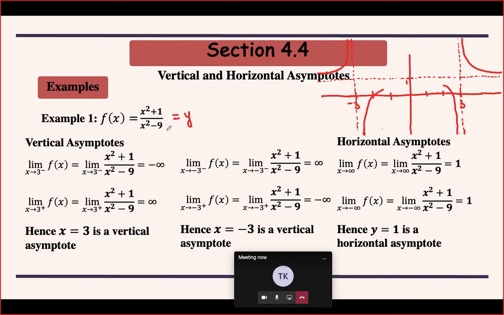X square minus 9 can be factorized into x minus 3 into x plus 3. So equating them to 0, you get the two vertical asymptotes. So when you take the coefficient of y, you are going to get the vertical asymptotes, and here we have the two vertical asymptotes given. Okay, now you take the coefficient of the highest degree term in x square. So from the left side, you have the coefficient as 1.